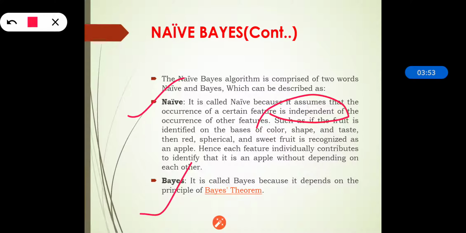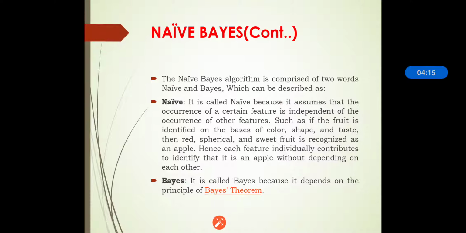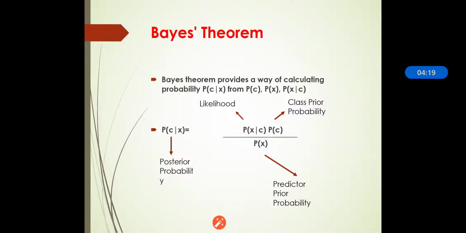Because if I say it is round, then we cannot say it is an apple, as there are various fruits which can be apple, orange or anything. So these are techniques that use classifiers which consider the features to be independent of each other. That's why it is called Naive, and Bayes because it depends on the principle of Bayes theorem.